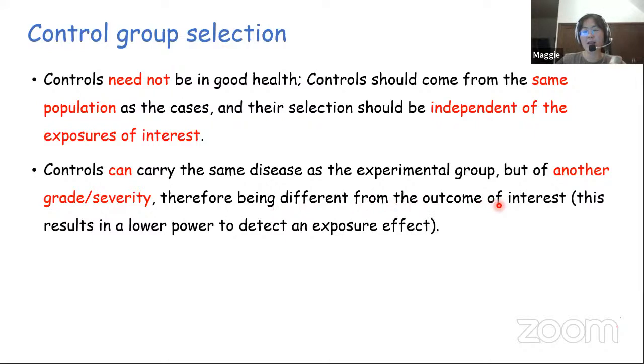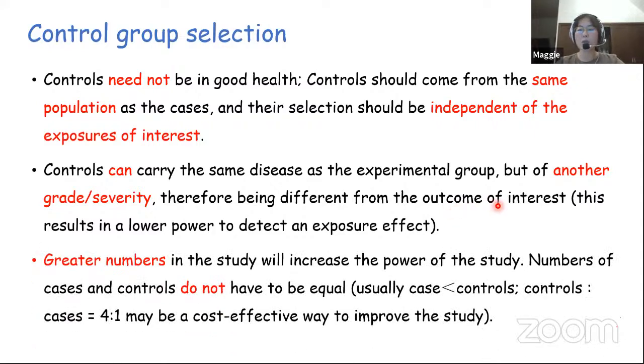So you can analyze if smoking is related to the severity of lung cancer, then you can do this kind of study. This results in a lower power to detect the exposure effect. However, it can still give some idea about your exposure factor in the disease.